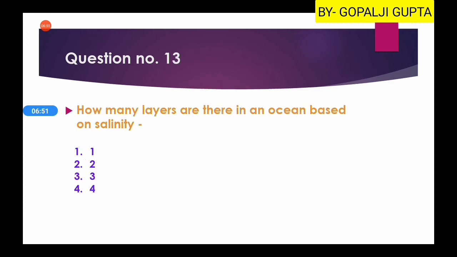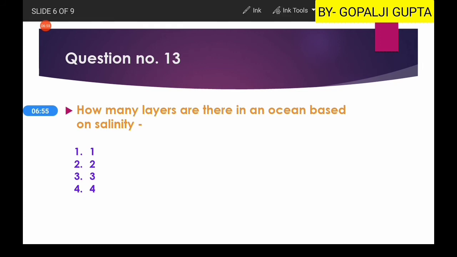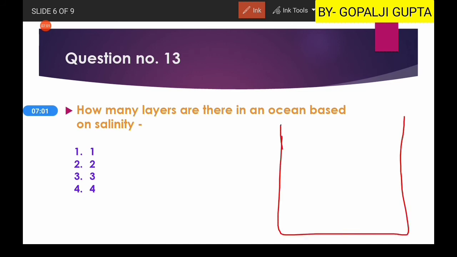Then the next one is: how many layers are there in an ocean based on salinity. Based on light we have divided the ocean into two parts, photic zone and aphotic zone, and based on temperature we have divided it into the upper layer, the middle layer which is the thermocline with a sharp decrease in temperature, and then the bottom layer.